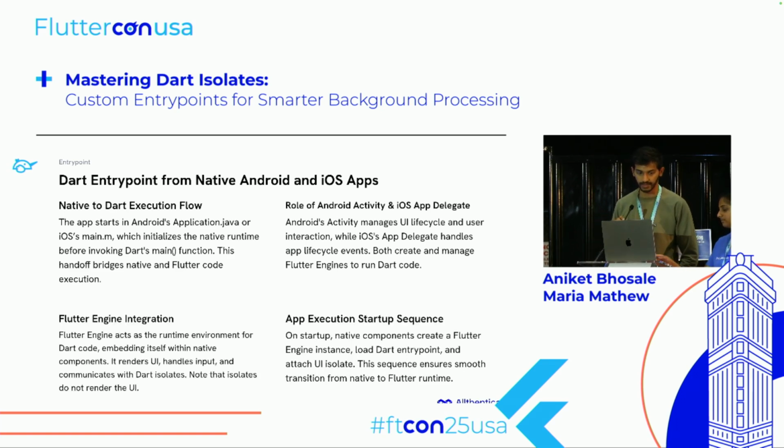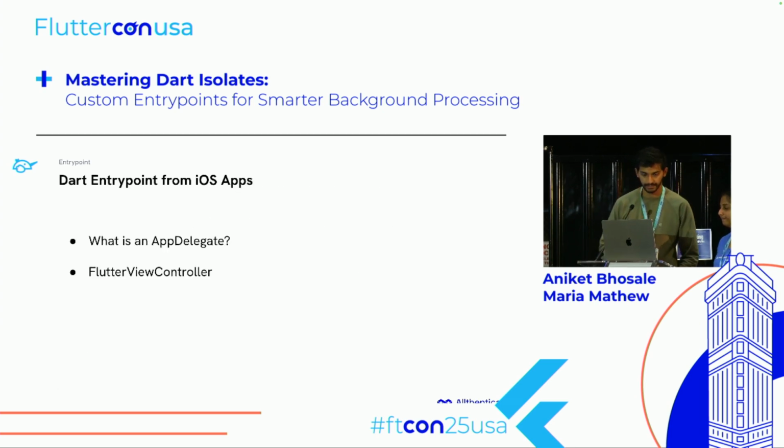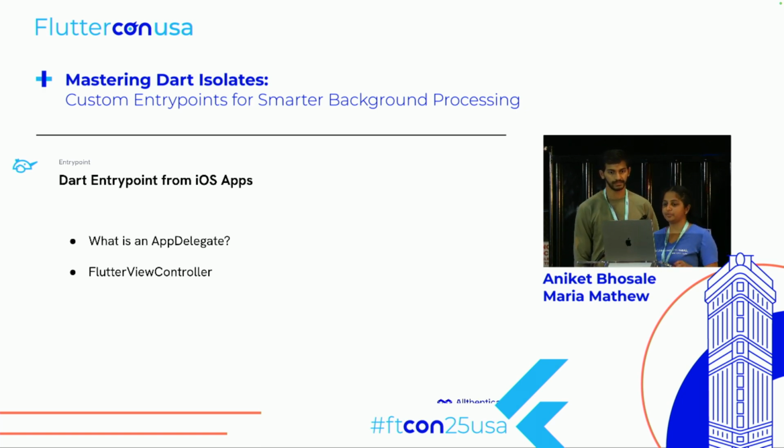To reiterate, you can integrate a Flutter engine into your main activity or your app delegate, and that's going to allow you to run Flutter. We have an example of that, but we want to be sure that we know we're Flutter developers here. So you might be wondering, what is the app delegate?